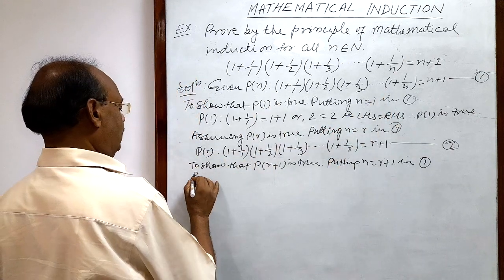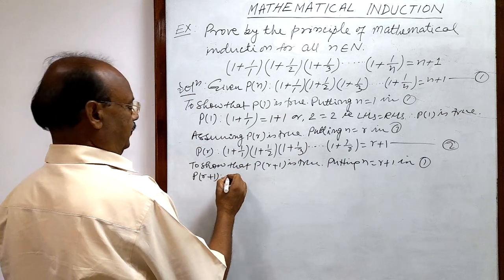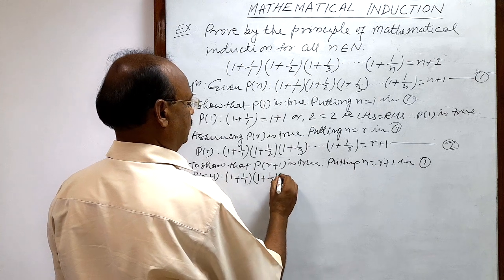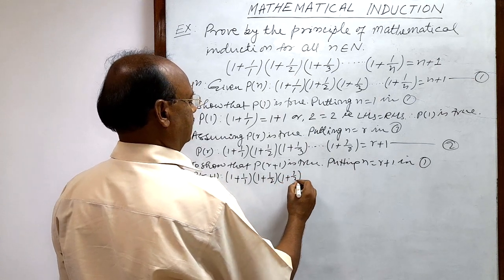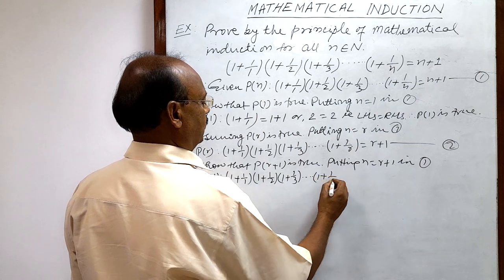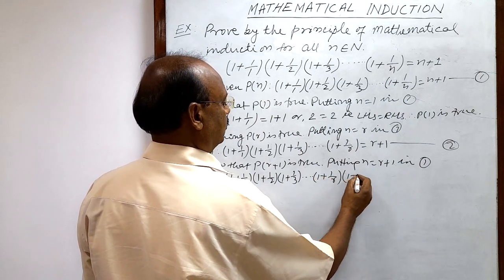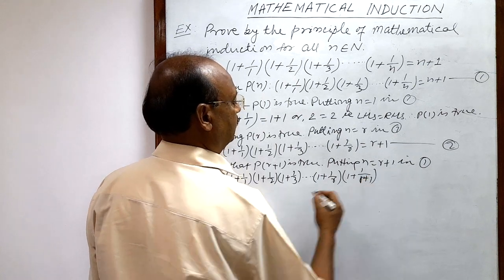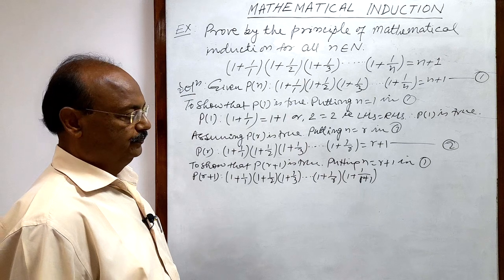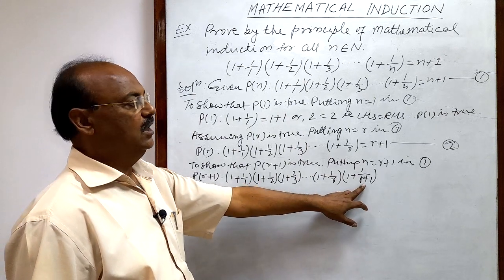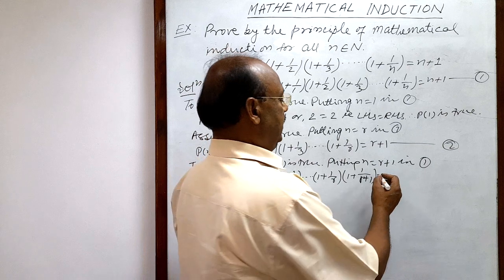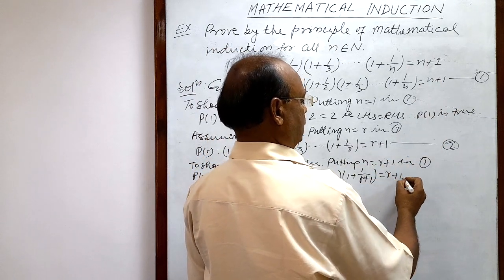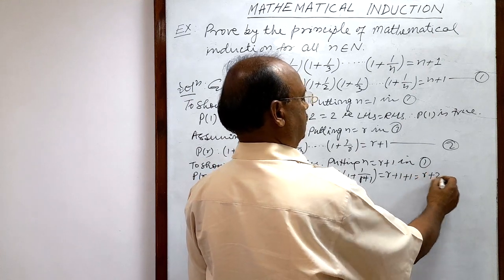So, here Pr+1 is (1 + 1/1)(1 + 1/2)(1 + 1/3)...(1 + 1/r)(1 + 1/(r+1)), and the right hand side will be r + 1 + 1, which is r + 2.